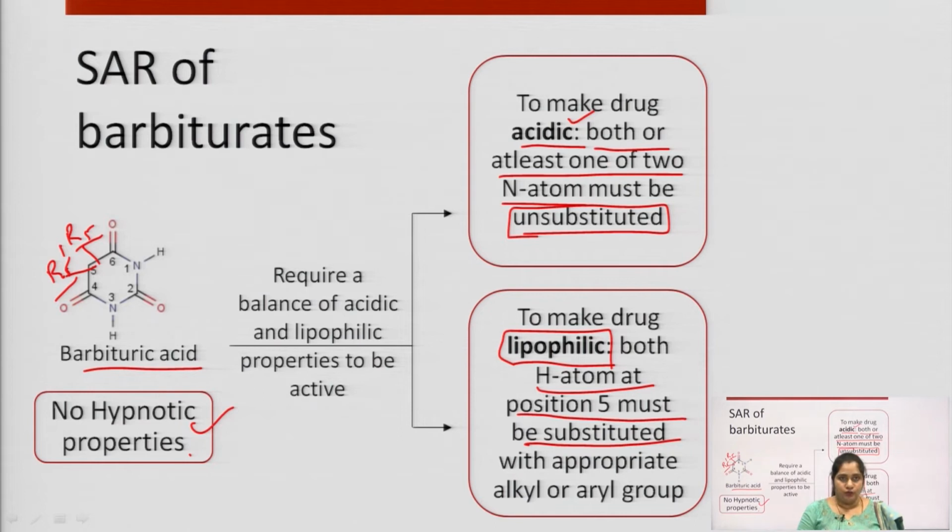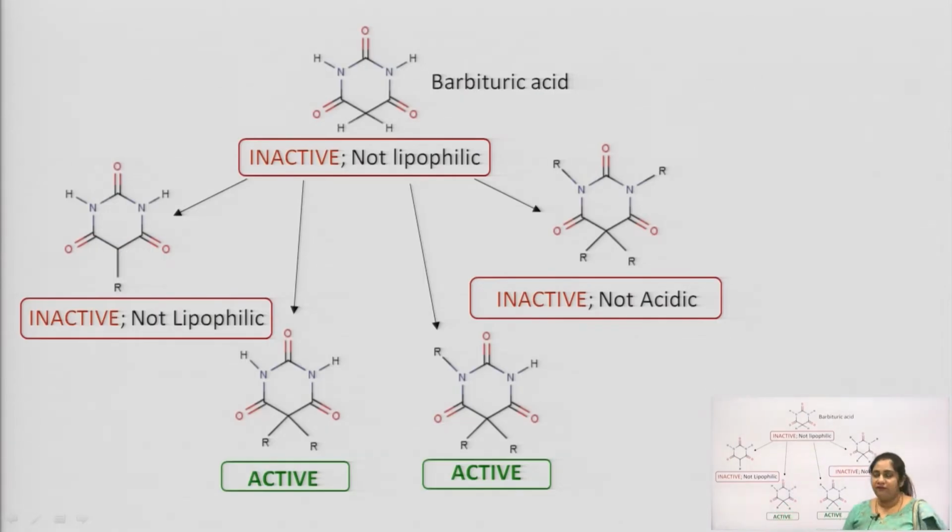Both hydrogens at position number 5 must be replaced by an appropriate alkyl or aryl group. We can use alkyl groups like ethyl or methyl, or we can also use phenyl derivatives. So here are a few examples, like first of all, when we talk about barbituric acid, why is it inactive?